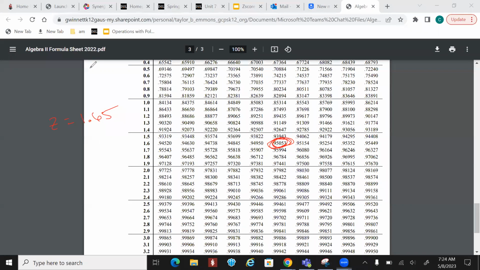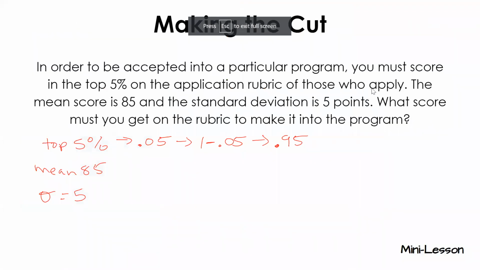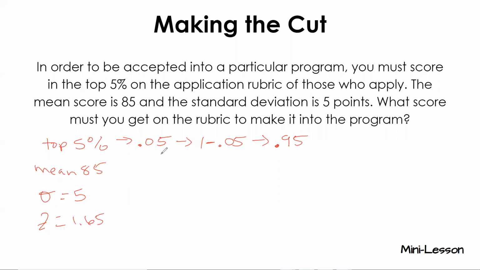Okay, so now, going back to what we just had, we've got a z-score of 1.65, and we're trying to find the points. So we're going to use that formula that we've been using. And we're going to say 1.65 equals x minus 85 divided by 5. And now we're going to solve for x.